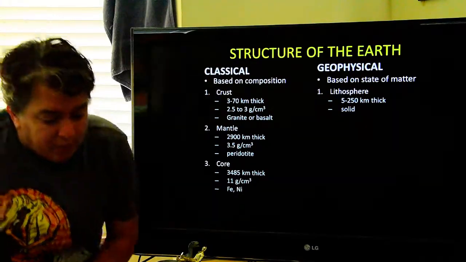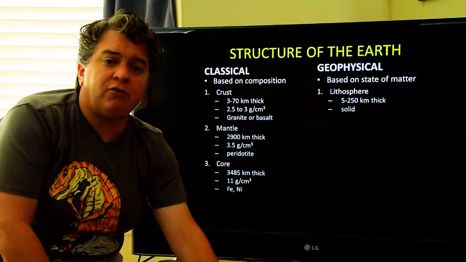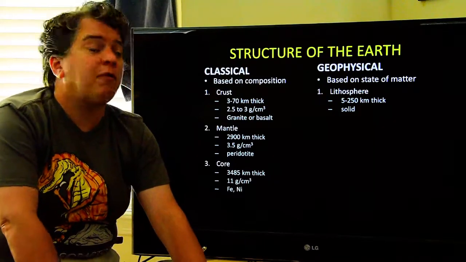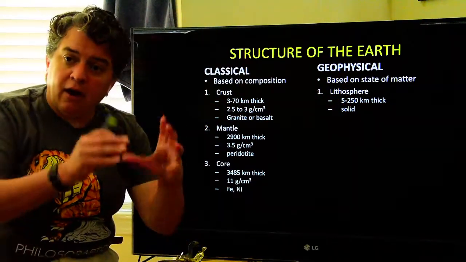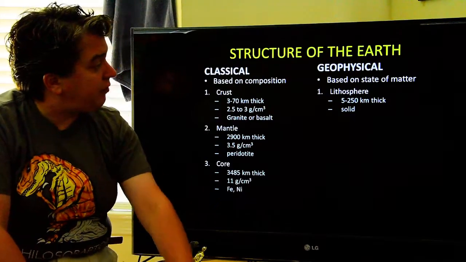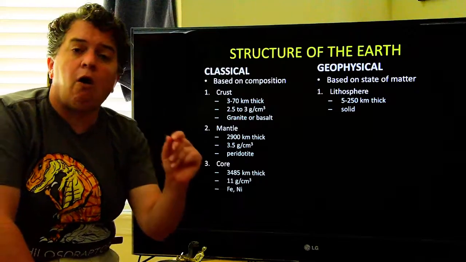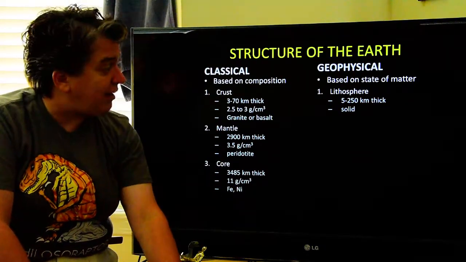Now, to understand plate tectonics, we have to take a look at the geophysical subdivisions of the Earth, where we're looking at the state of matter. We live on the lithosphere, the outermost part of Earth, and that's 5 to 250 kilometers thick, so that's going to include all of the crust and then part of the uppermost mantle.